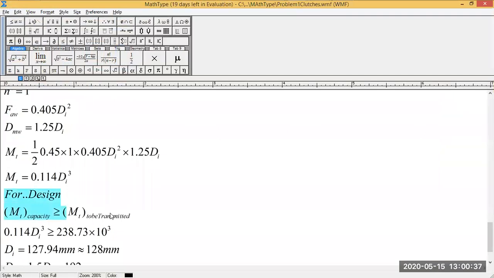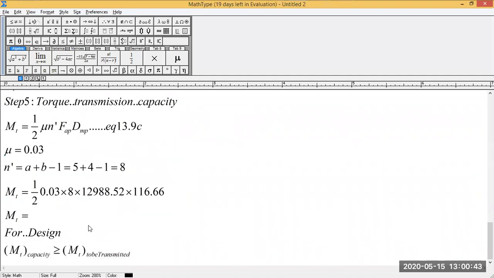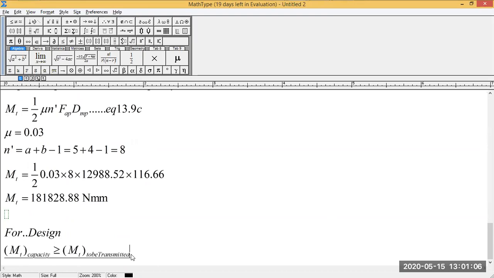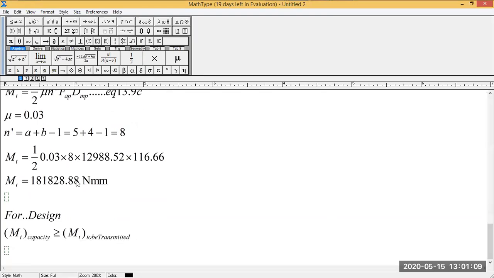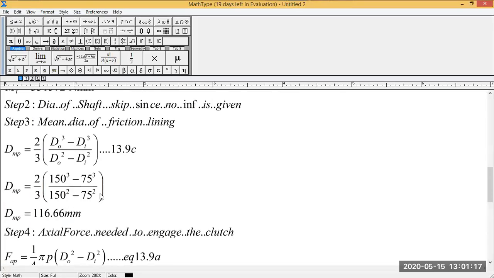So for design, this is our condition. Whatever we get for step 5 should be greater than or equal to step 1. Right. So okay, I'll just copy your answer. MT, this is Newton mm. Now for our case, this should be greater than or equal to whatever we got in step 1.